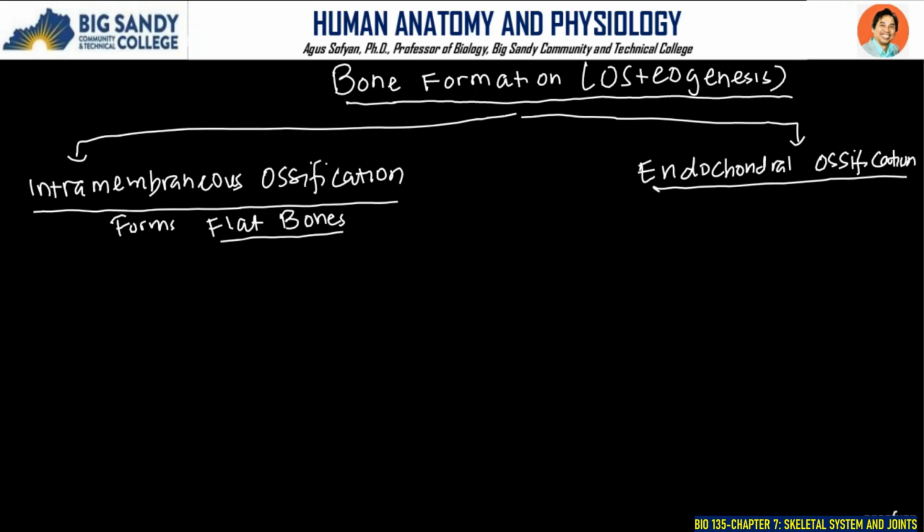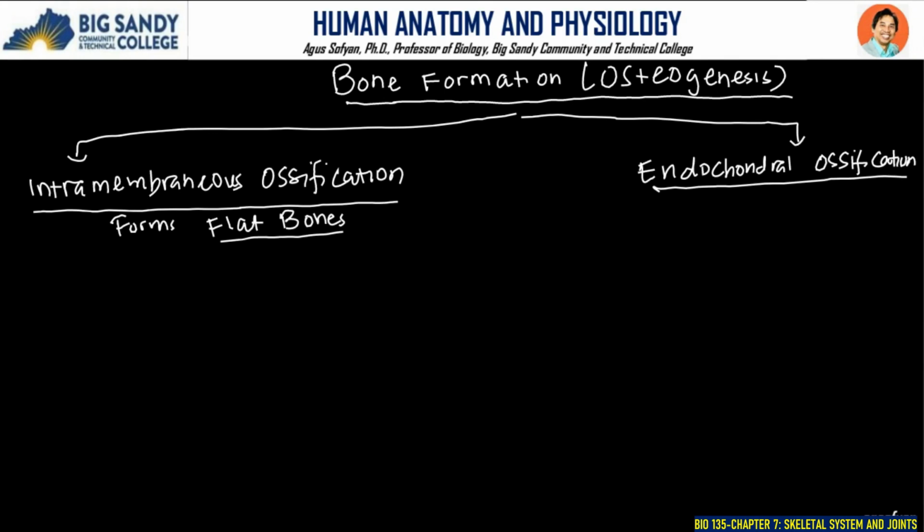There is the breastbone, called the sternum. Sternum is also a flat bone. Our hip is a flat bone. It is made by this intramembranous ossification during our embryonic development in our mother's womb.